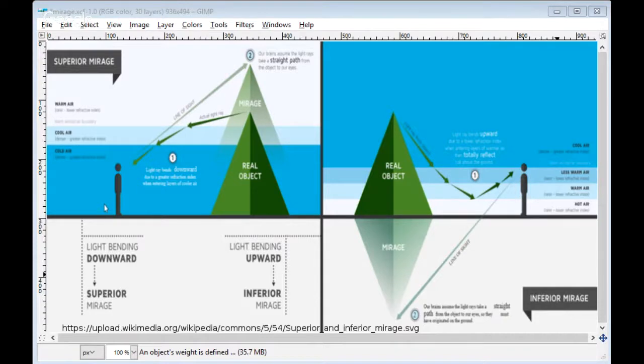Okay, superior mirages are most likely to occur over ice or water, especially the ocean, because the ocean is like what they call a giant heat sink. A heat sink is a fluid medium, such as air or water, that dissipates heat. You have different kinds, it isn't always a fluid.